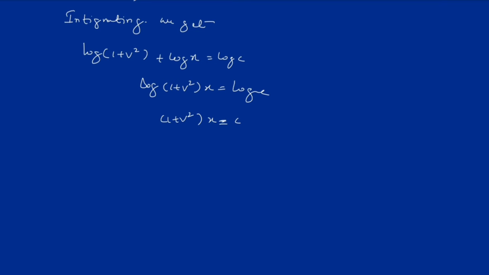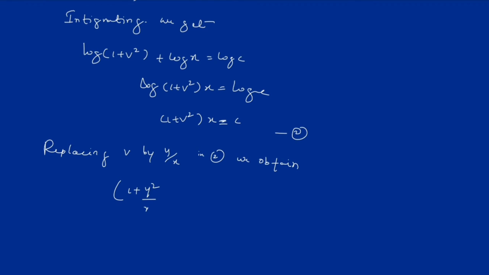So finally replacing v by y by x, take it as equation 2, replacing v by y by x in 2, we obtain 1 plus y square upon x square into x, which is equals to c. Now cross multiply this, what we get here, x square plus y square upon x square into x equals c.